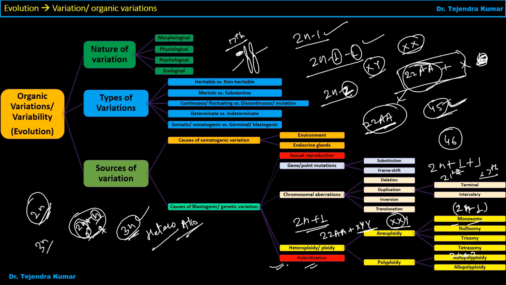It is actually due to artificial breeding or artificial selection. They show the characters of the two different organisms. So this is hybridization, and we can see, for example, a mule. There are some examples.